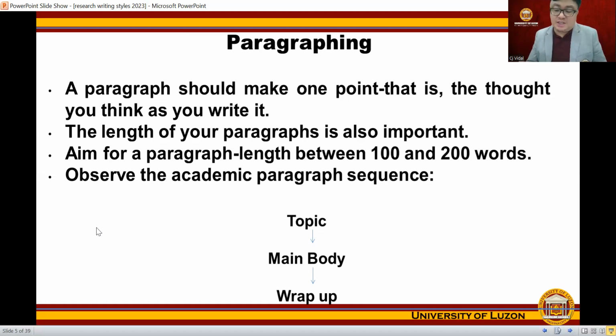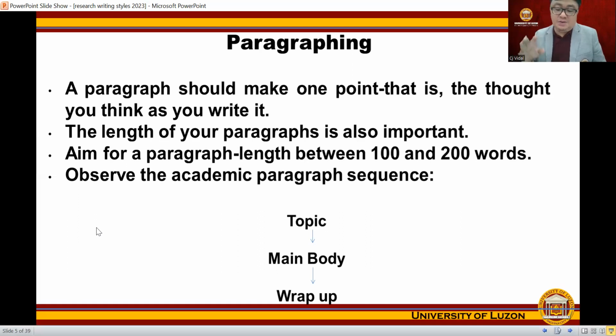So a helpful suggestion is to aim for a paragraph length between 100 and 200 words. It's only a rule of thumb.